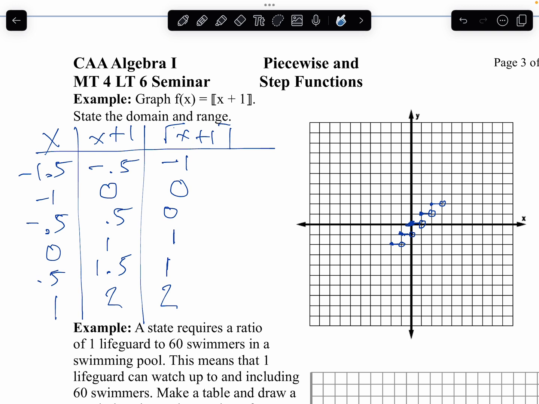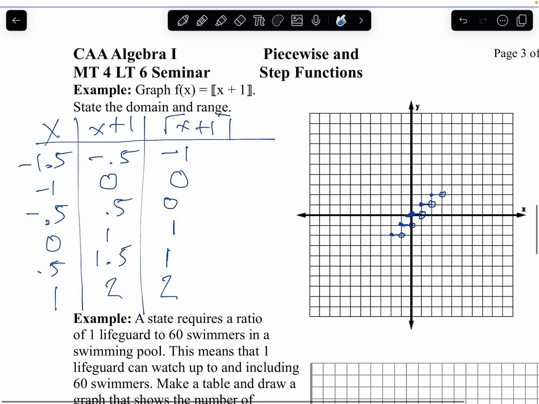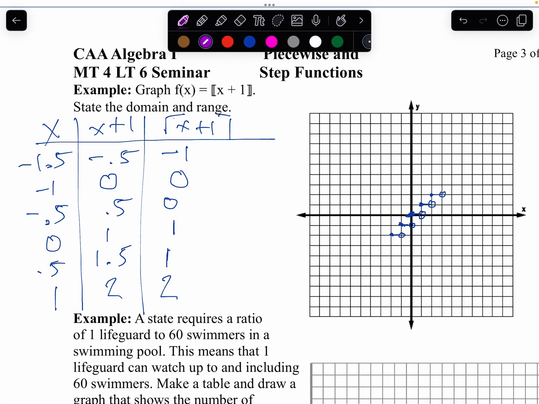So my domain, I'm going to include all my numbers, right? So my domain is any number on the number line, so we call that all real numbers. But my range, my y values, they can be numbers, but notice it jumps.